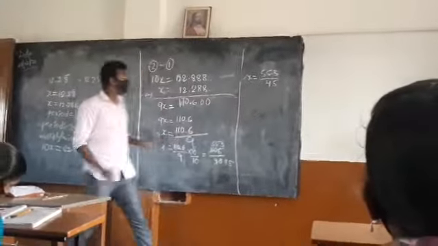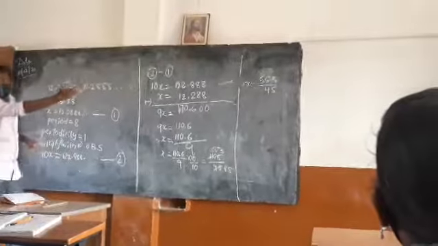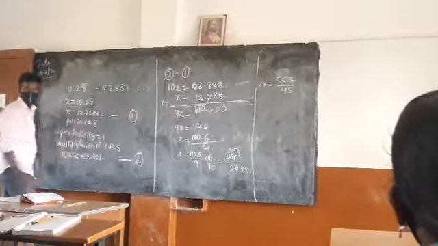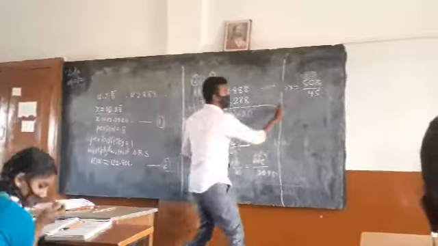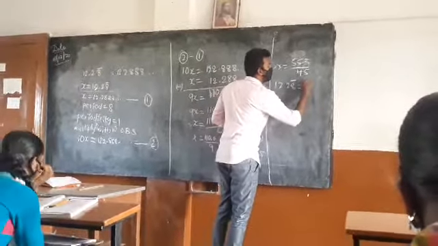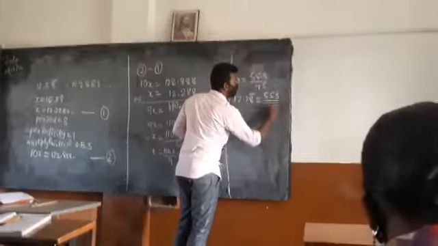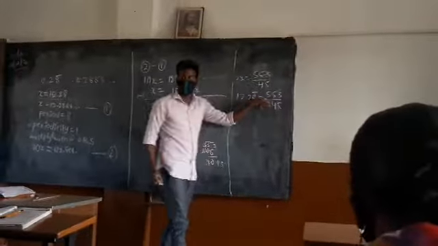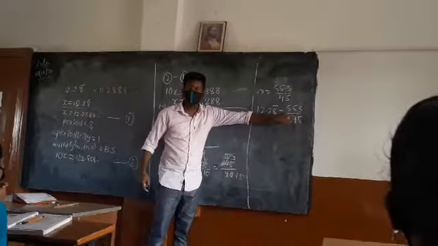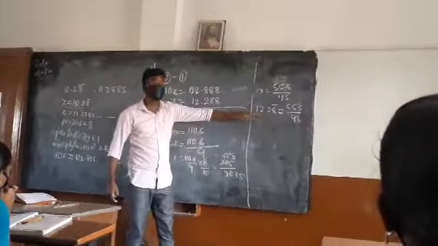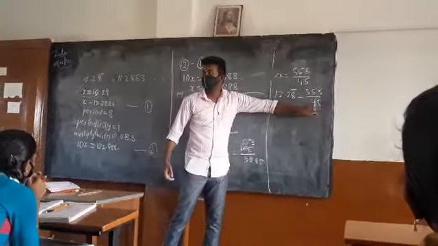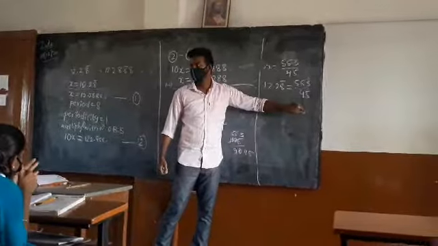So your x came as 553 by 45, but your x previously was 12.28 recurring. So 12.28 recurring equals 553 by 45, where 553 and 45 are integers, and 45 is not equal to 0. So it is a rational number. Your non-terminating repeating decimal has been converted into a rational number. Are you all clear with this?